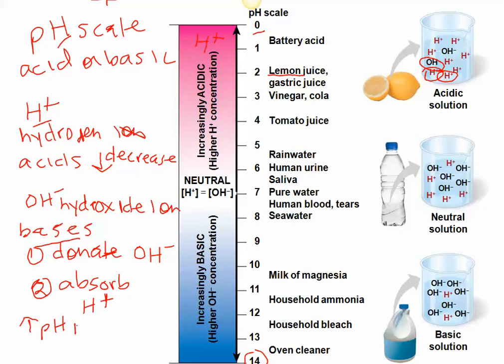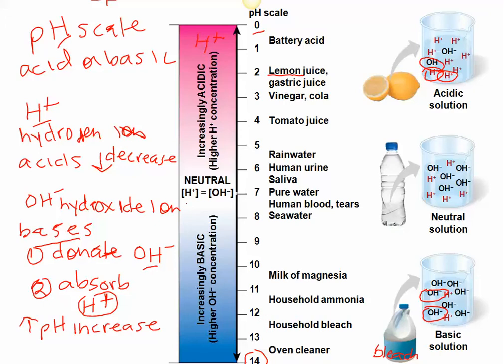So we're at the word increase here. And what we mean by increase is that the pH goes closer to 14 because you're either adding hydroxide ions or you are removing hydrogen ions. And if we take a look at this solution of bleach, we see that there are many hydroxide ions in that solution of bleach, causing that pH to increase, in this case to a pH of about 12.5.